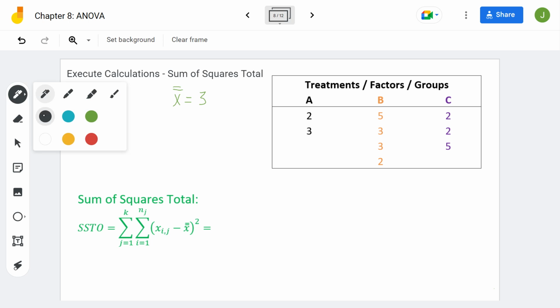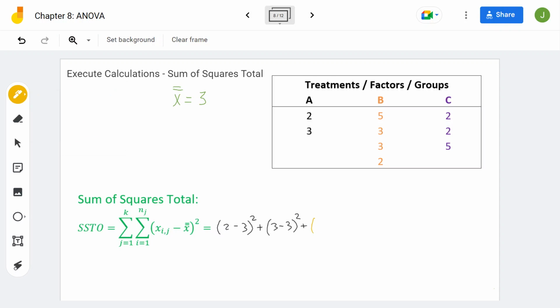So for example, if I go through and do this, and I'll color code it with each column, I would have (2 minus that overall mean of 3) squared, plus (3 minus the overall mean of 3) squared, plus, and this is where I move to the orange, which I'll represent with yellow, (5 minus the overall mean) squared, plus (3 minus the overall mean) squared, plus (3 minus the overall mean) squared, plus (2 minus the overall mean) squared.